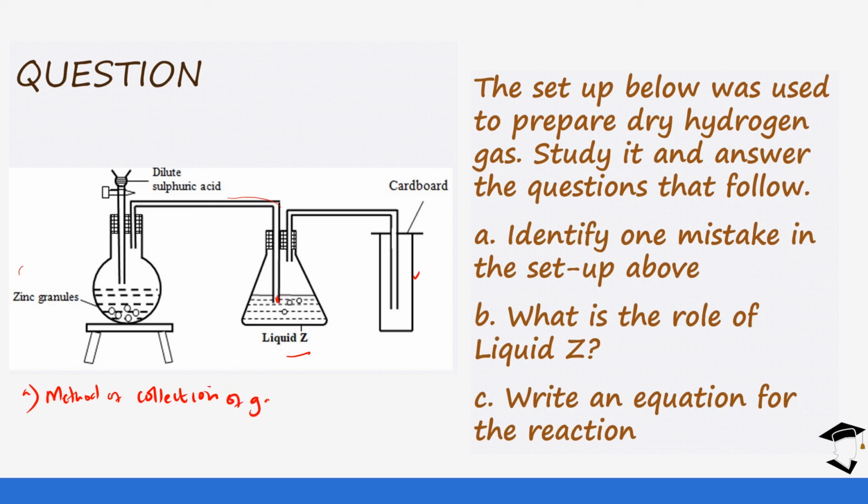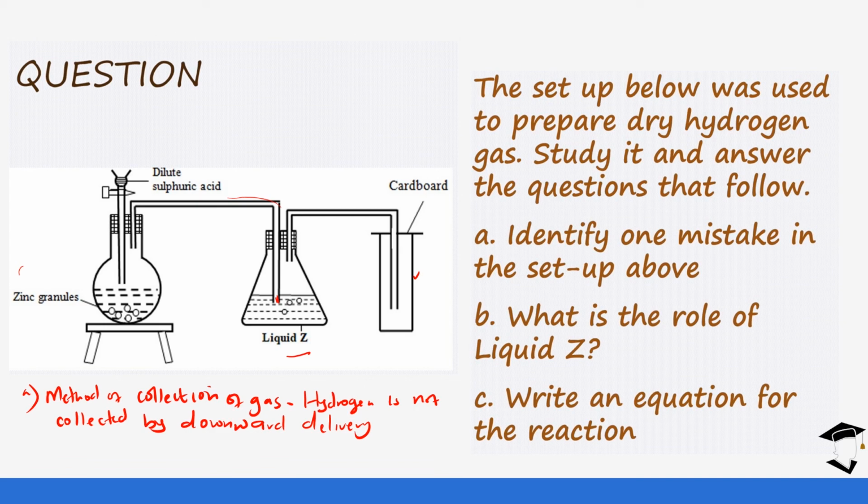So in this case, we say the method of collection of gas, hydrogen, is not collected by downward delivery. So that is one of the mistakes that we have noted in this setup.